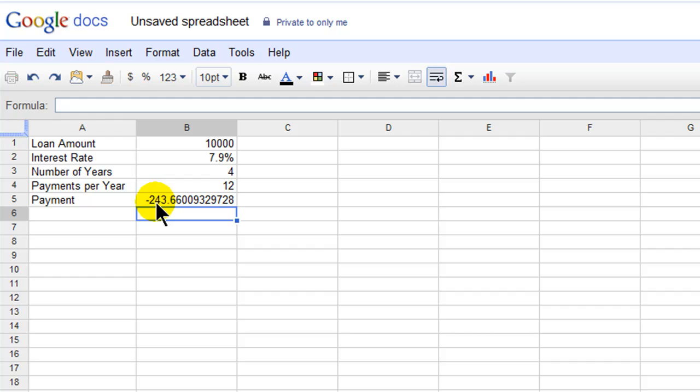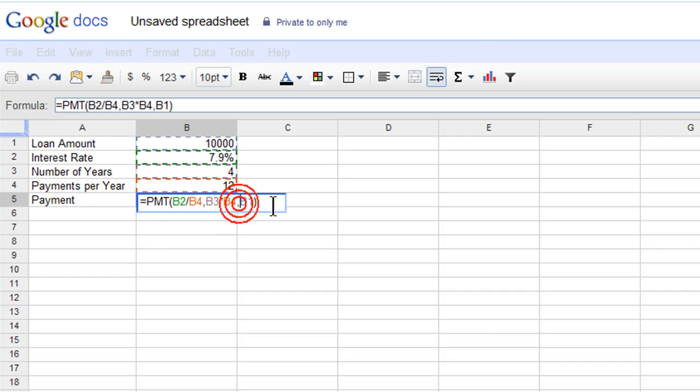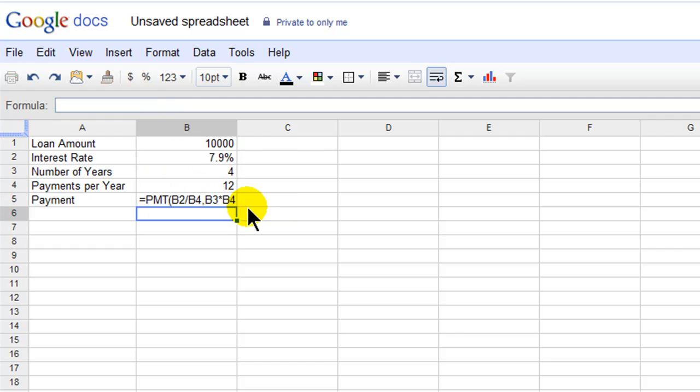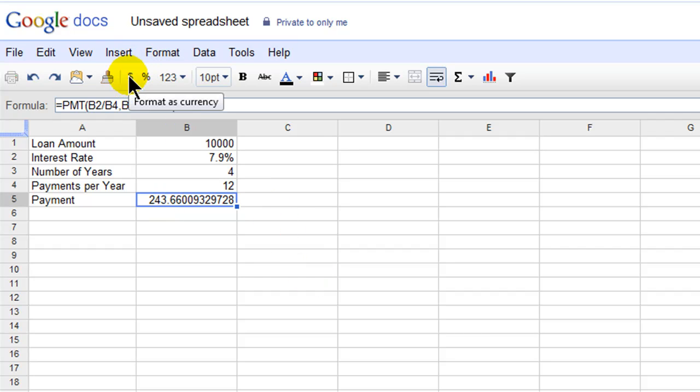In order to not see that negative, there's a little trick. I can just double-click to edit this, and I can do a negative loan amount, or you can actually put a minus right in front of the PMT there, and now I'll get a positive display. I'm going to go ahead and format this as a currency, so I'll select that cell, just click on their currency format button. There we go.